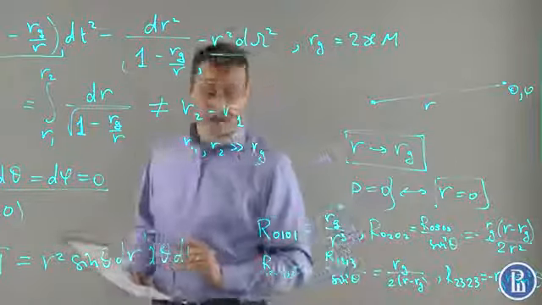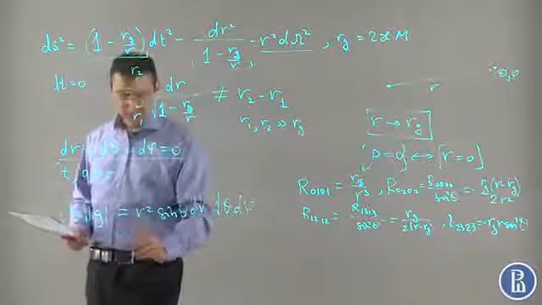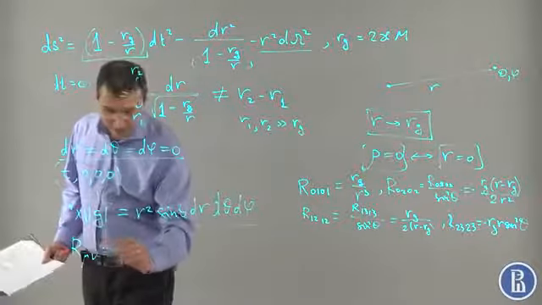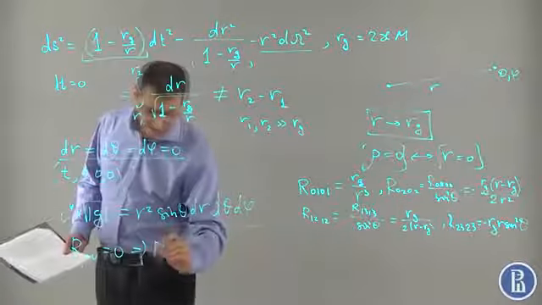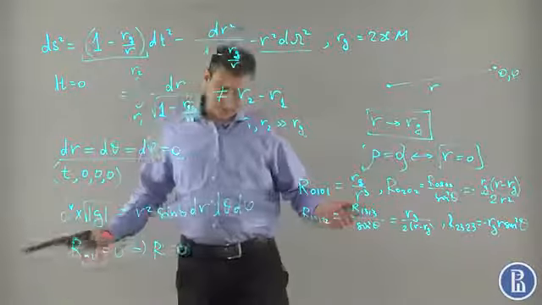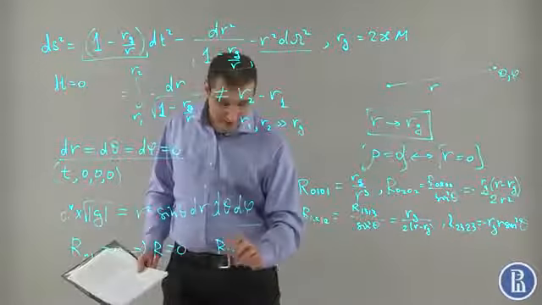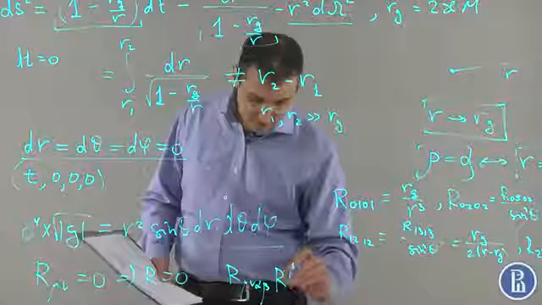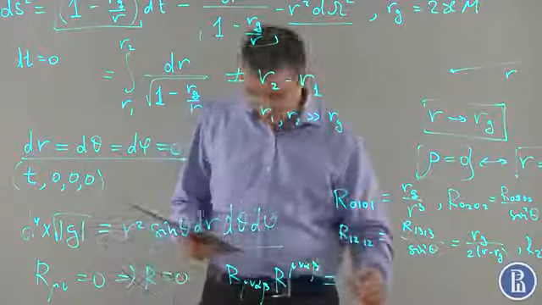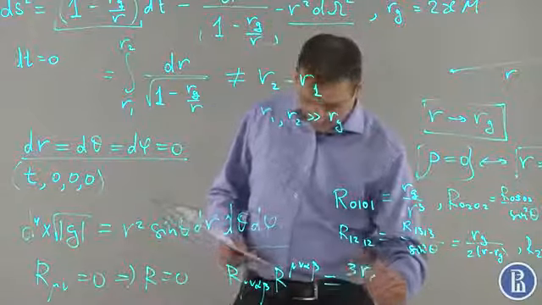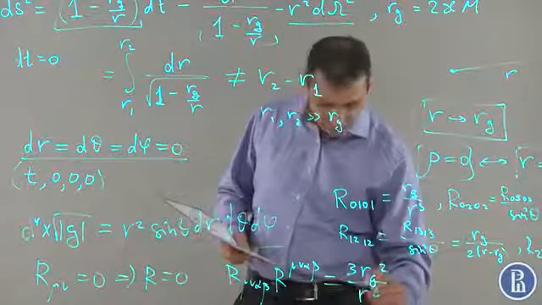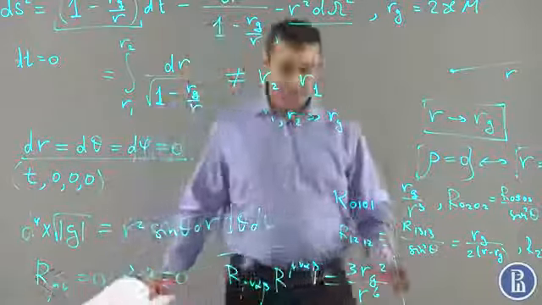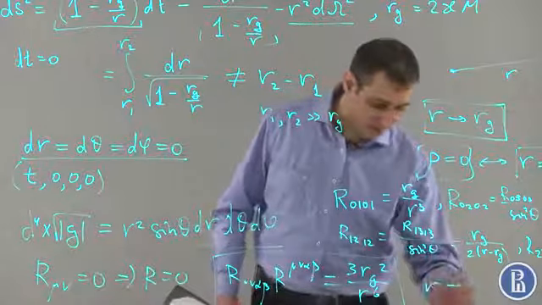But let us look at invariants. The simplest invariant would be the scalar curvature R, but it is 0 because R_μν is 0 for this metric. So let us construct an invariant from the Riemann tensor, the simplest one like this. It happens to be equal to 3rg² divided by r⁶, and this is completely regular as r goes to rg.